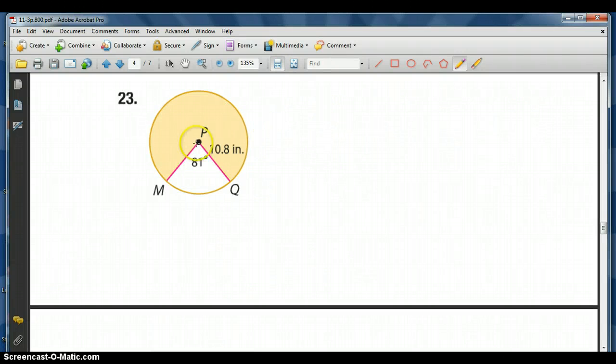For number 23, it gives us the central angle of the non-shaded part, but we want the angle of the shaded part. So we need to take first 360 minus 81, which would give us 279 degrees.